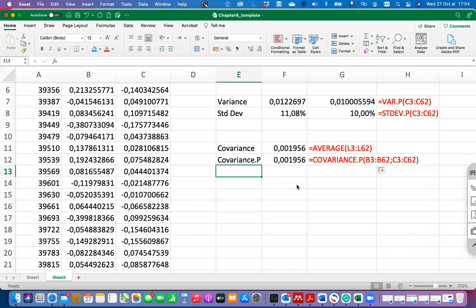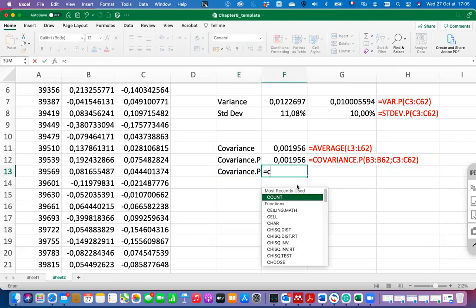So now you can also use directly a function called covariance, right? Without adding the P or the S. If you use the covariance, it will automatically consider this data as a population. All right. So we have covariance here once again. This is the third technique.